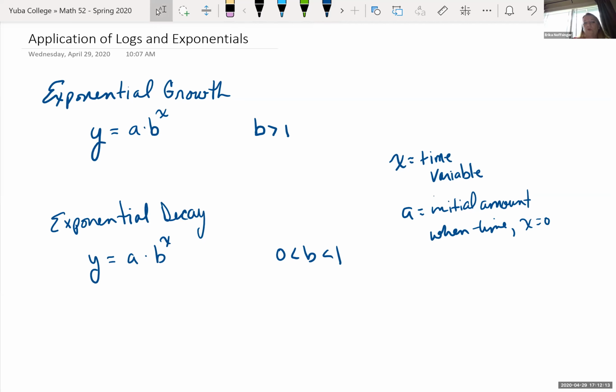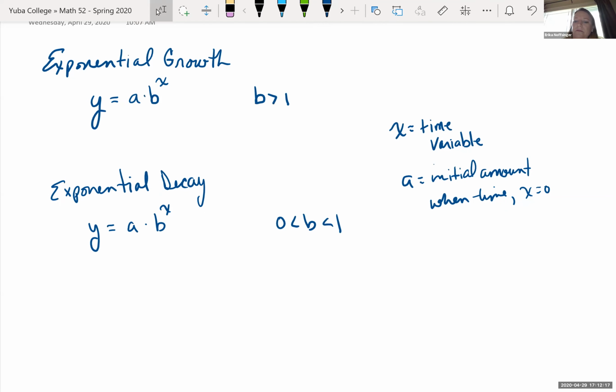And then y is equal to the amount after x time.